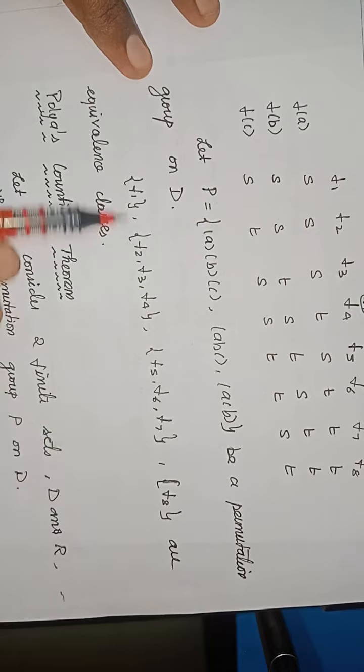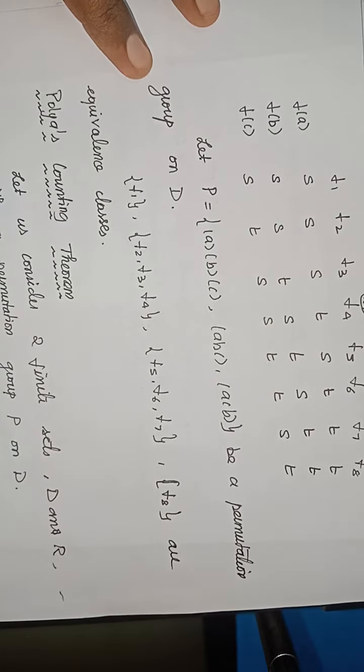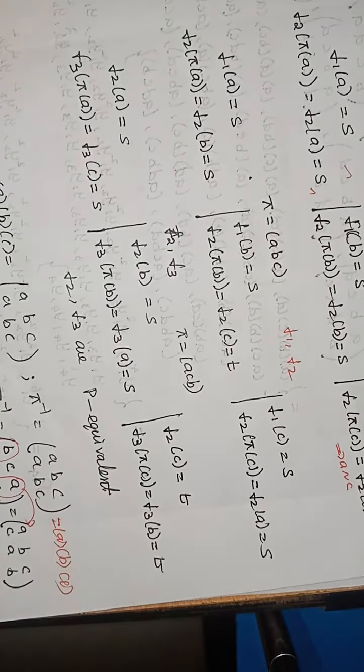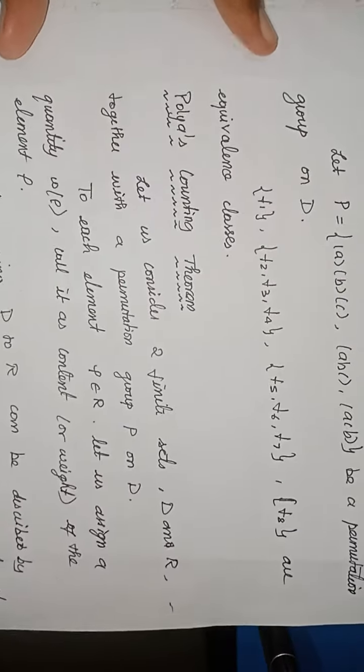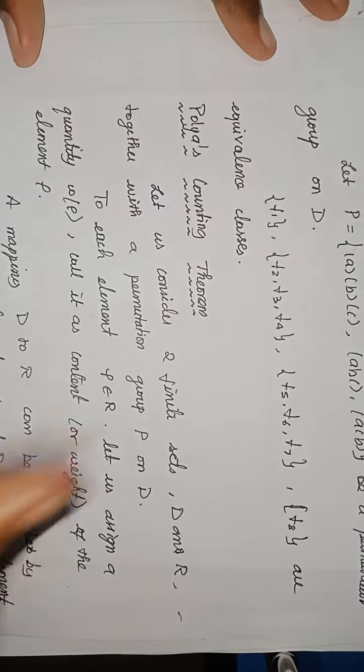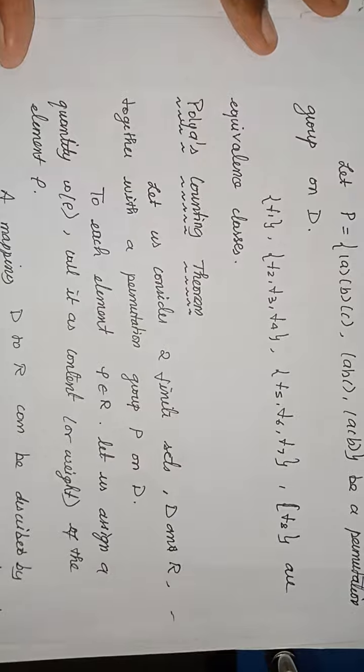And P is a permutation. If I group this, these are the corresponding equivalence classes. So that's all about equivalence classes.